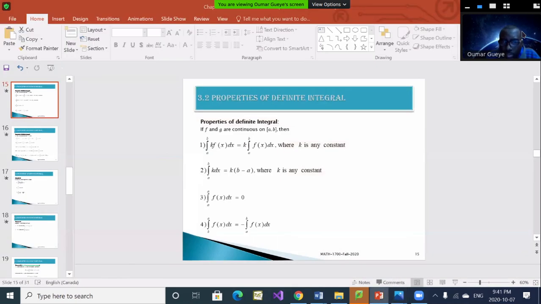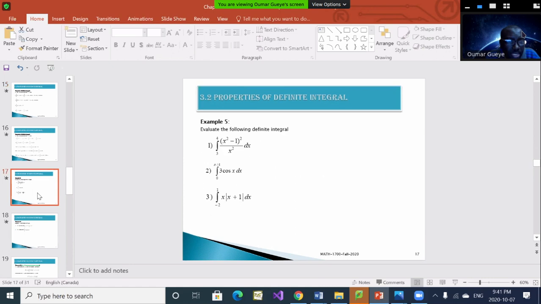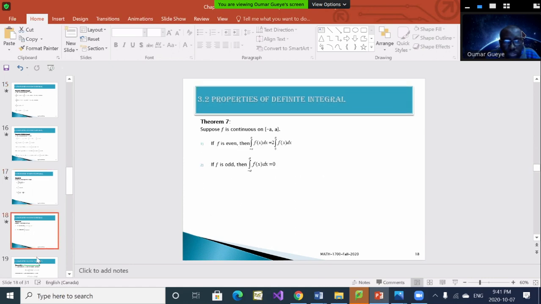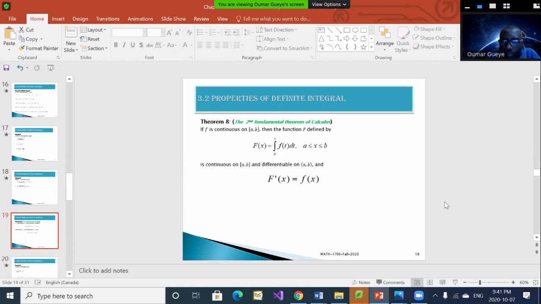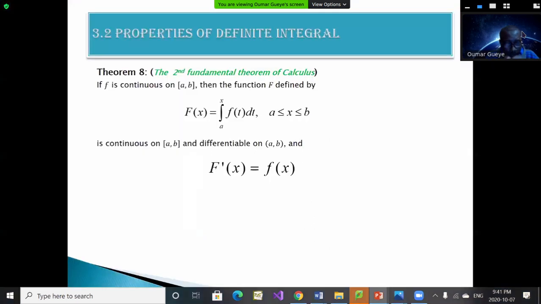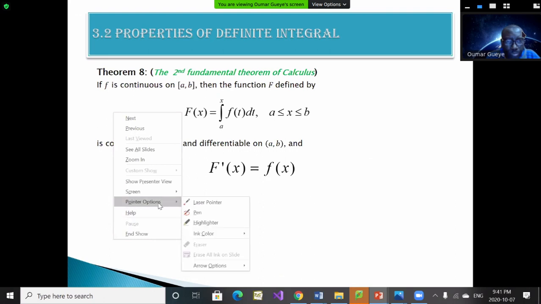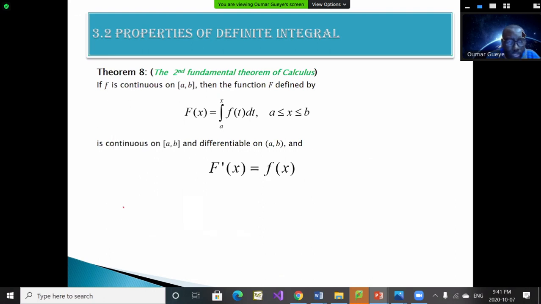I just want to give you something so you can see exactly the meaning of the second FTC. All right. The meaning of the FTC is, I'm just going to show you here. I'm going to pick one example. Okay.